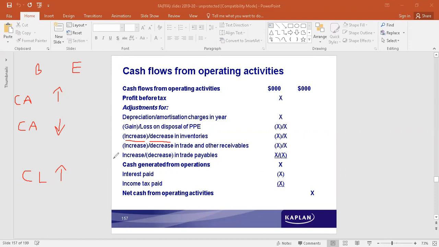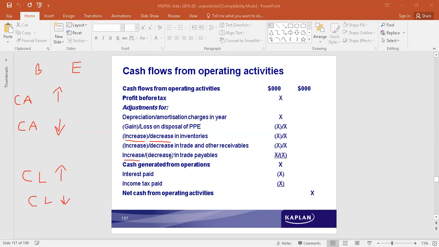That will result in an increase in current liability, payables. We see that it is added. But if the current liability is decreasing, maybe they have paid off the current liability. For that, there is a cash outflow. A decrease in current liability is a cash outflow, so it should be deducted.